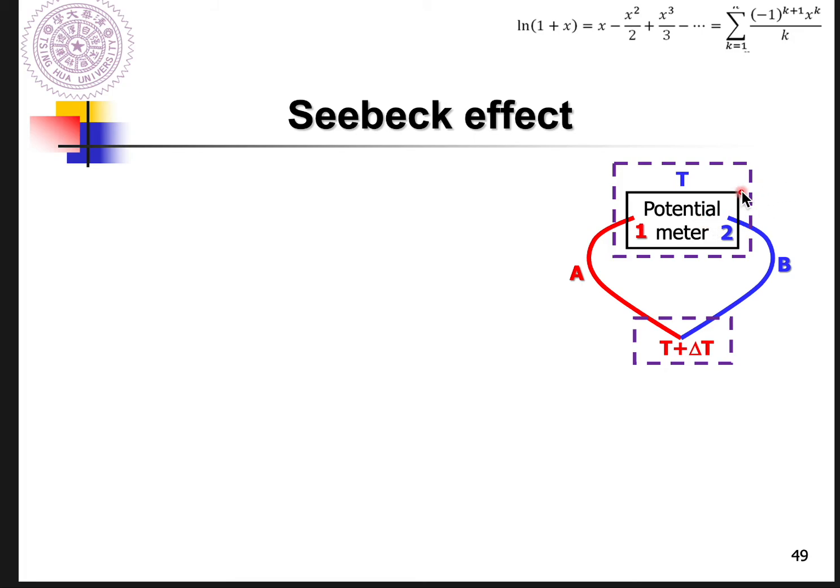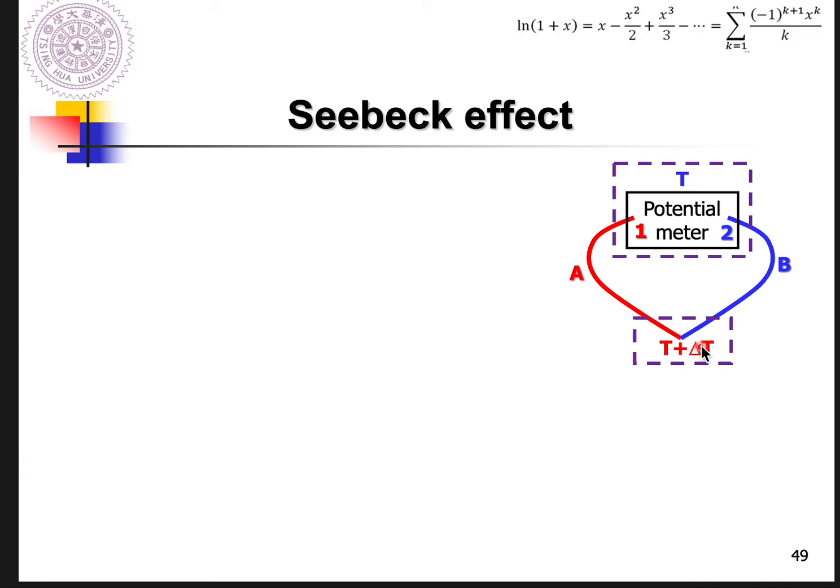Then, if there's a temperature difference between these two junctions, it will cause a different electrical potential, which is then measured by this potentiometer. So this is how the thermocouple works, because you always use a thermocouple to detect an unknown temperature, right?